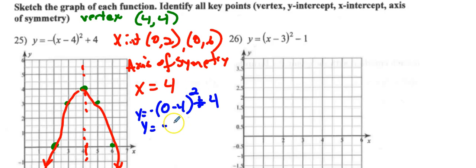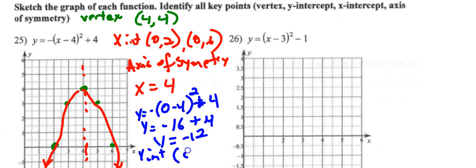Negative 4 squared is negative 16. Add those together, y equals negative 12. So our y-intercept is going to be at 0, negative 12. And those are all the key points for this quadratic.